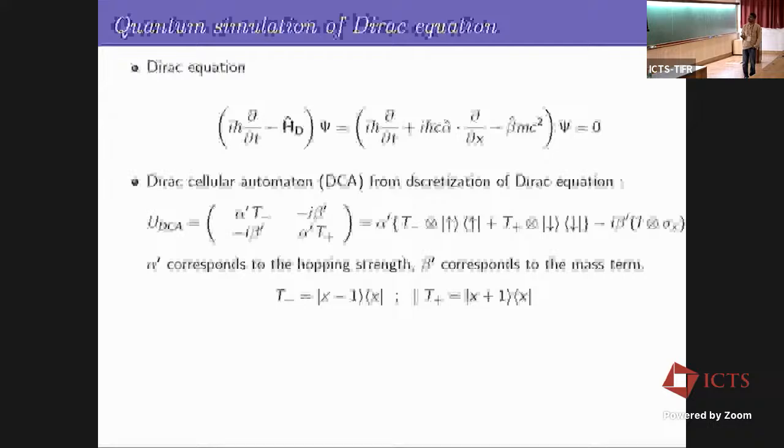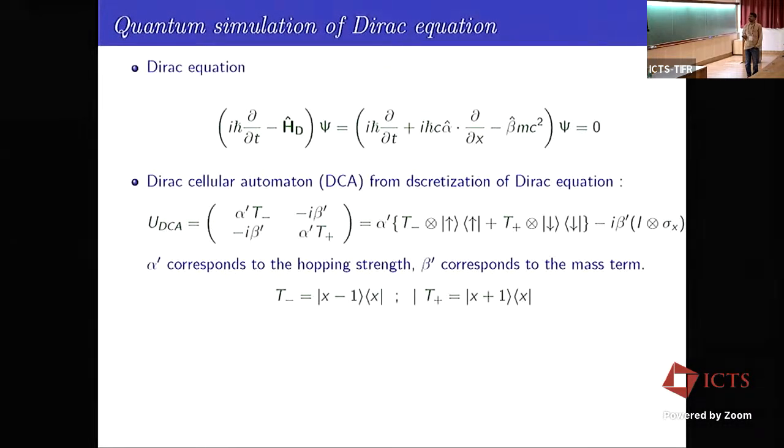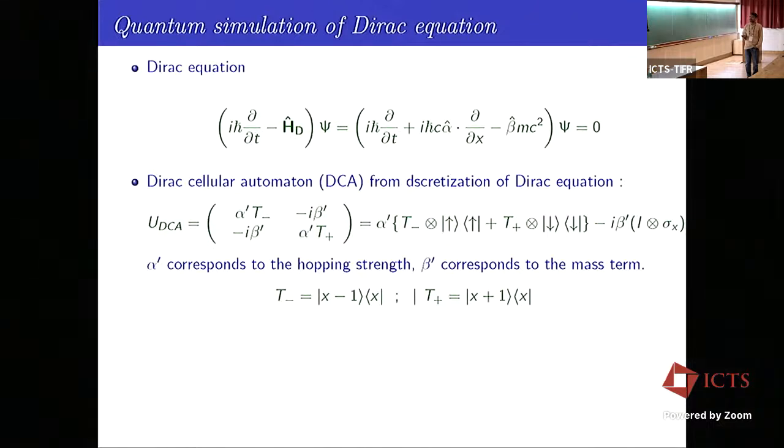So the standard way, if I'm trying to look at this time derivative and position derivative operator, is that I can write them in a difference operator form and come up with a unitary matrix for this Dirac equation simulation.